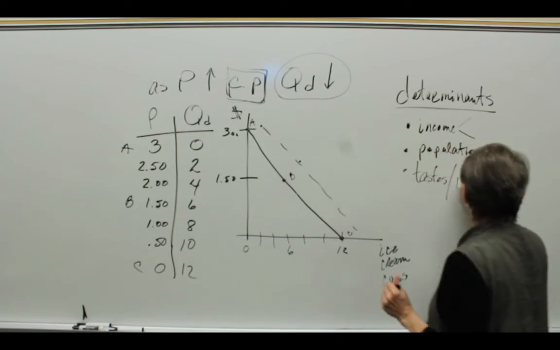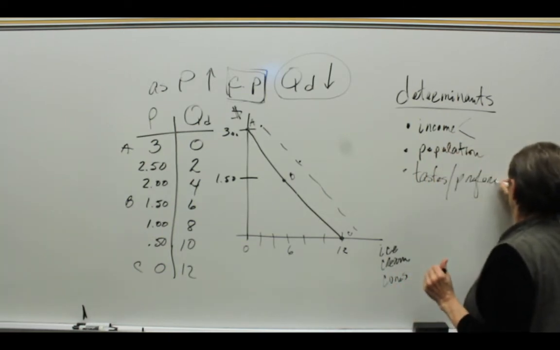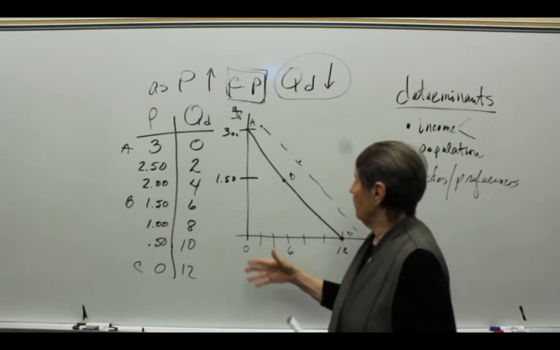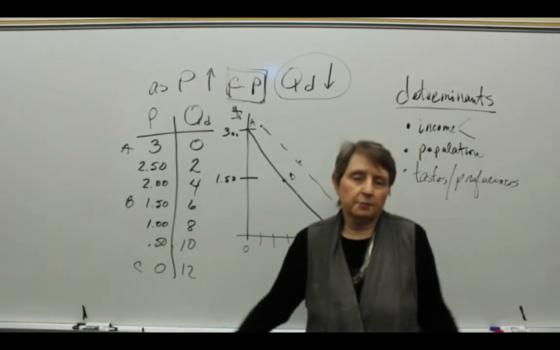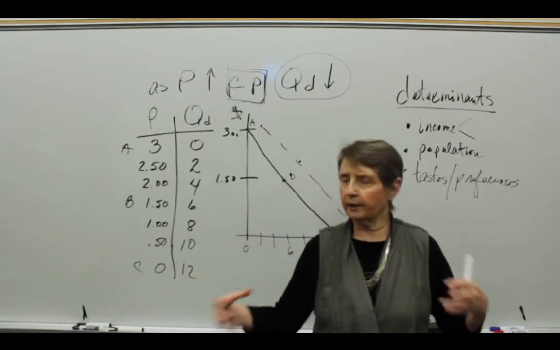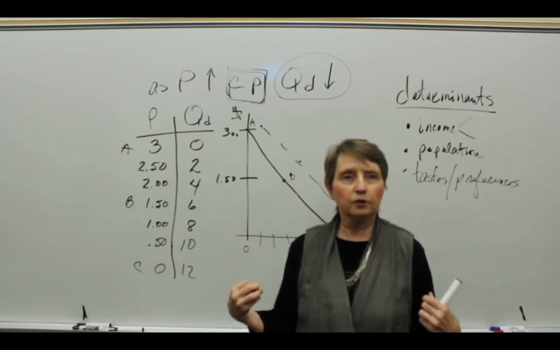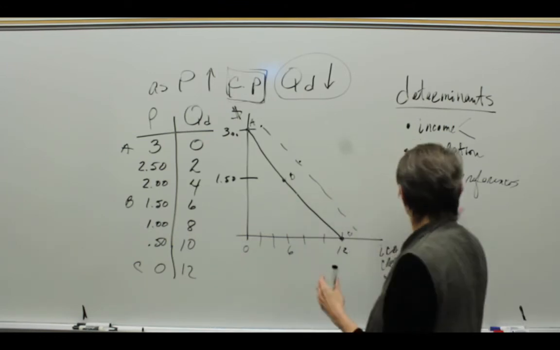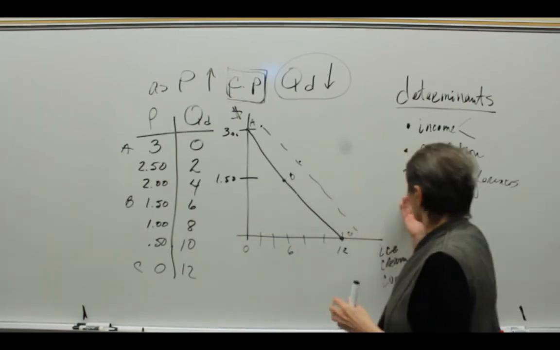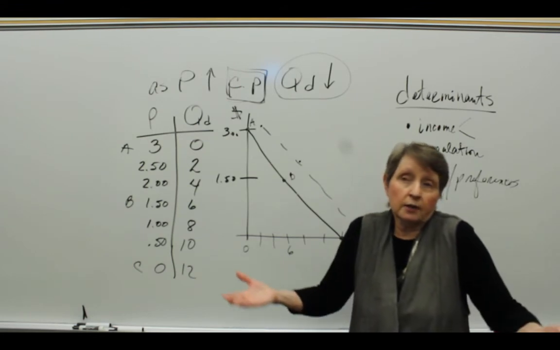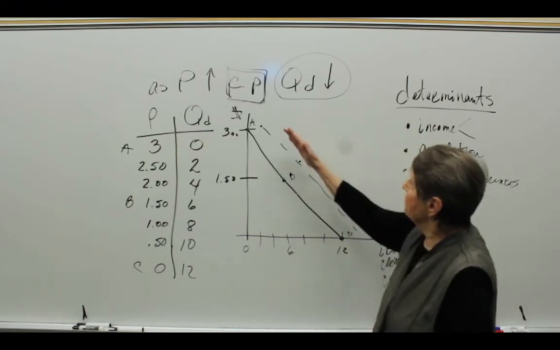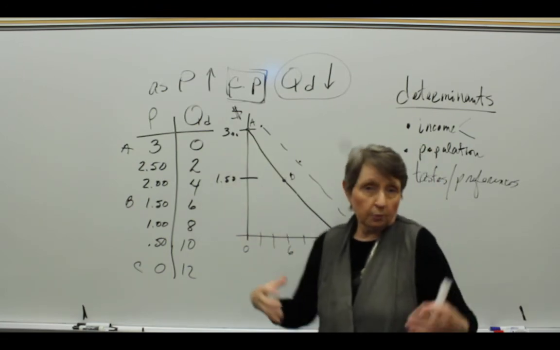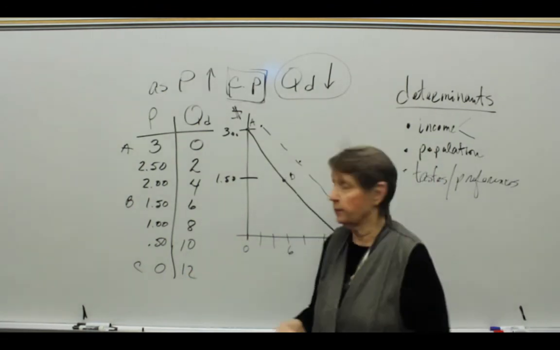For example, maybe people decide eating ice cream makes me fat, and so America gets on a let's get fit kick, and so we decide we're not going to eat ice cream anymore because we're tired of being fat. And so our tastes and preferences for ice cream change. We don't want to be fat anymore. And so in that case, what we would see is a decrease in demand because we don't buy as much anymore because our tastes for ice cream have changed.